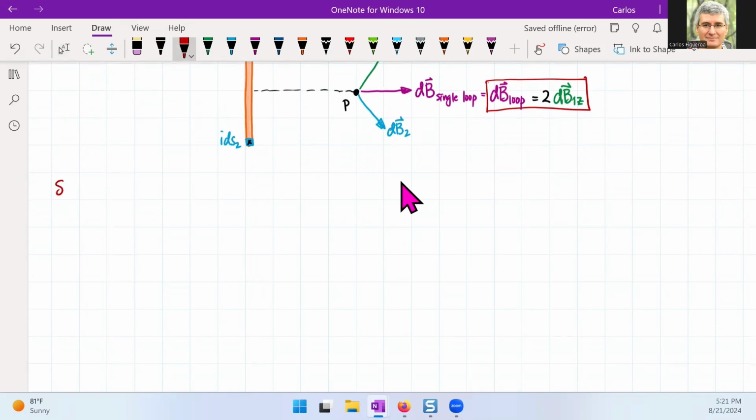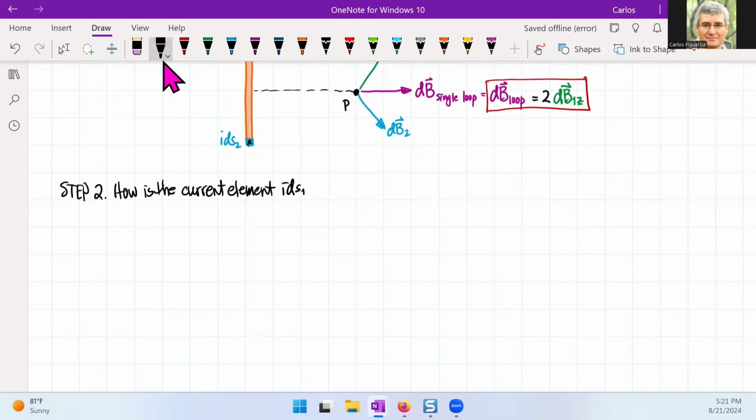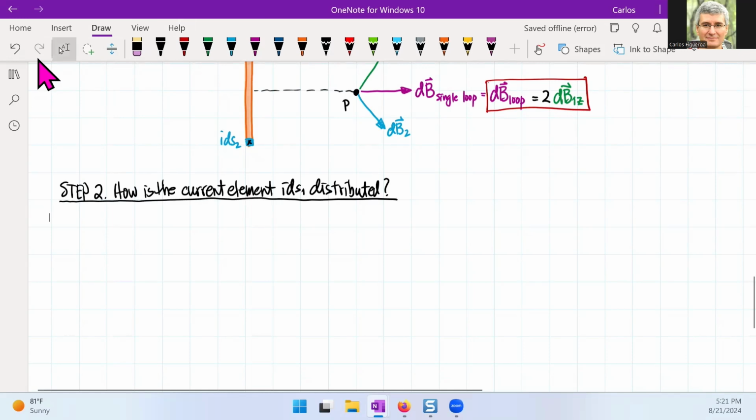So now I have step 2. In step 2, we're asking how is the current element IDS1 distributed? So clearly the current is along a circular loop, and so therefore it must have an arc length that defines it.